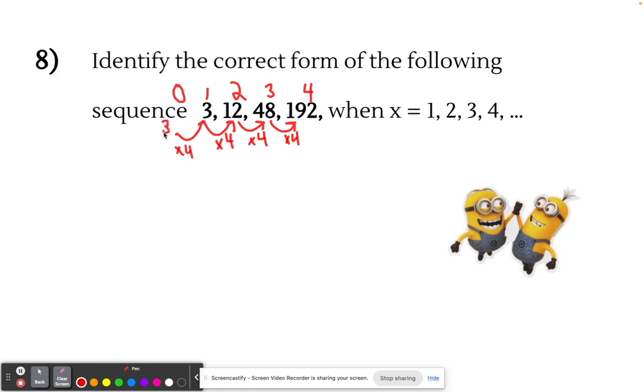That would be 3/4 or 0.75. So my rule, it's multiplication, so it's geometric. f of x equals my starting value, which is 3/4, times my constant multiplier, which is 4 to the power of x.